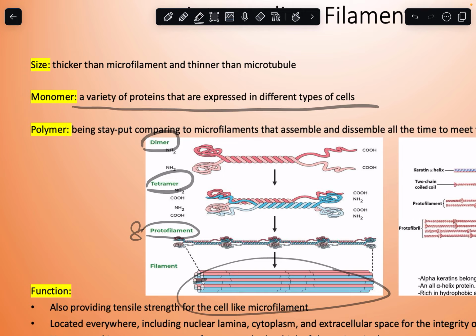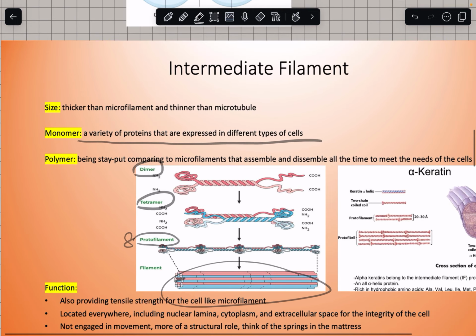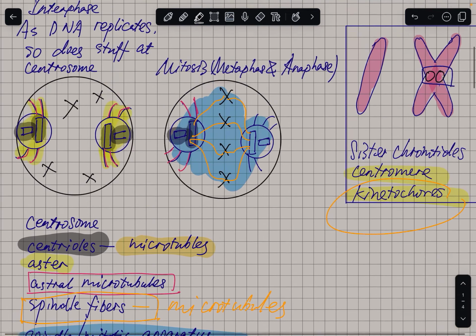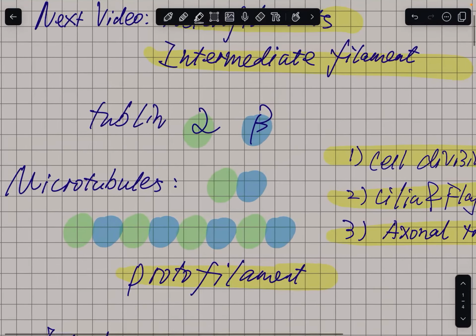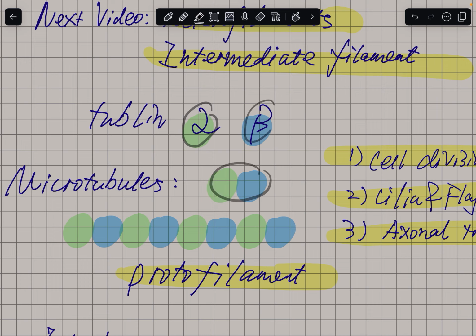They form this hollow shape that is called intermediate filament. Okay, and then I want to drive your attention to the assembly of microtubules. Remember, in our last video we talked about the monomers alpha tubulin and beta tubulin. They are going to make this heterodimer, right? And then a lot of the heterodimers get together. They are called protofilament, okay?